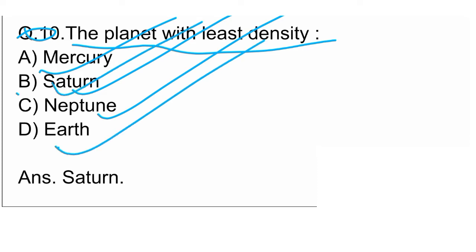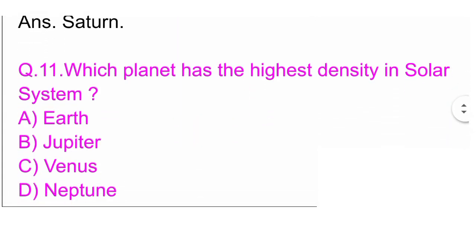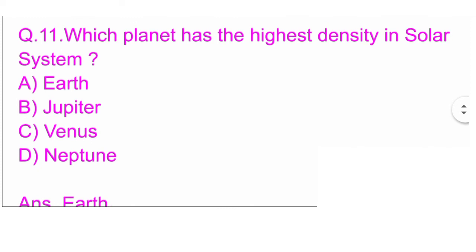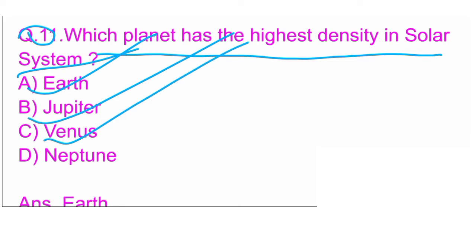Question number 11: which planet has the highest density in the solar system? Option A, Earth; B, Jupiter; C, Venus; D, Neptune. The correct option is A, Earth.